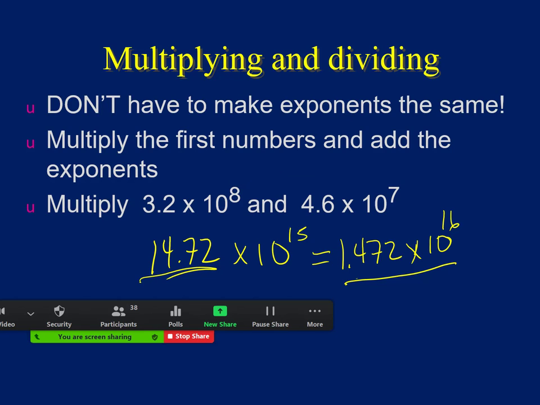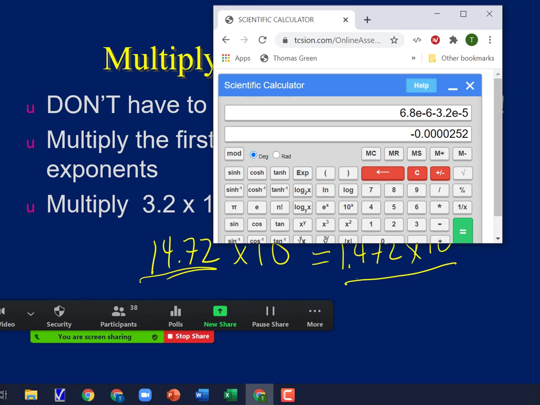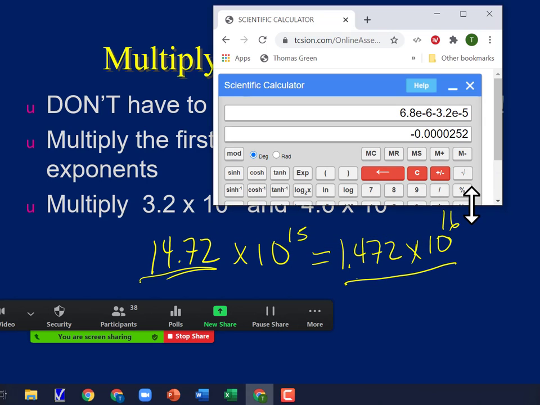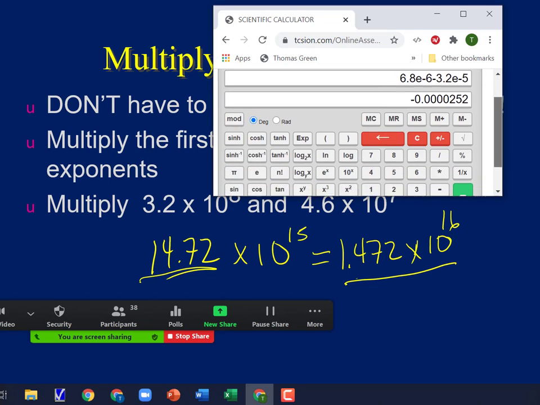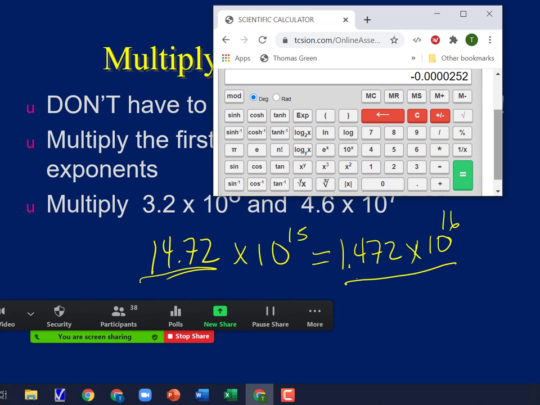Now, once again, we should be able to do that on our calculators. Okay. So where's my mouse? Oops, I guess I got to make it bigger so we can see it.